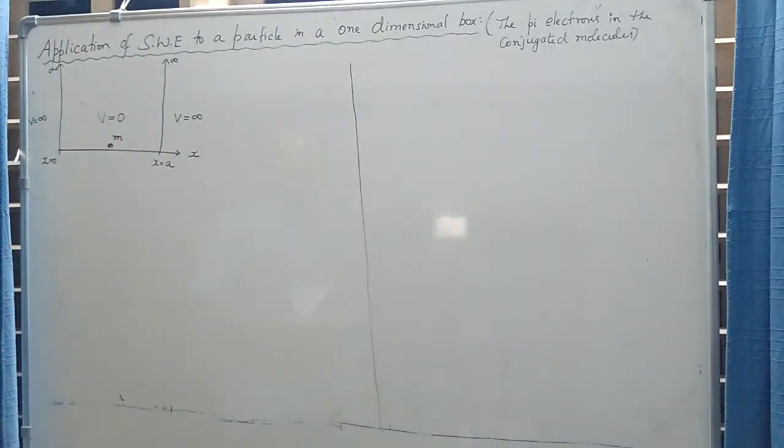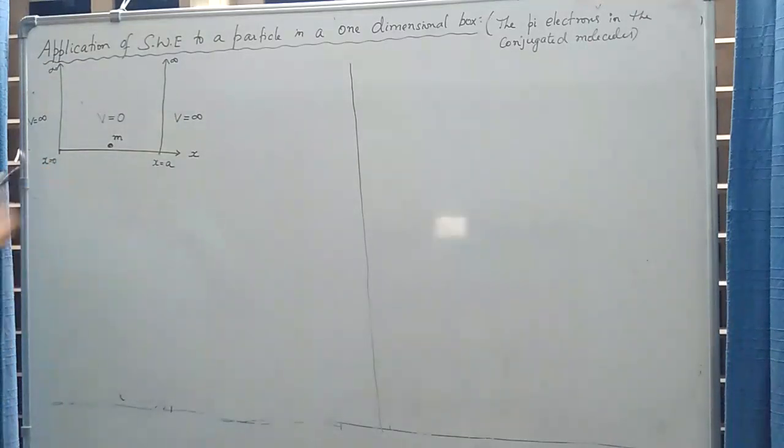Now let us apply the general Schrodinger wave equation to this particular problem and try to find out what is the energy and what is the wave function of the particle. So to begin with, we will use the general time independent Schrodinger wave equation.